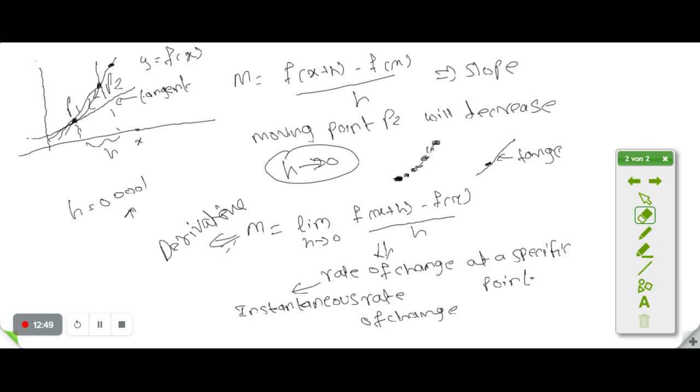Newton was one of the first to have this derivative concept, but this formula was developed by, I mean, Leibniz. I don't know, you can confirm this. This formula is given by Leibniz, and Leibniz defined the derivative.